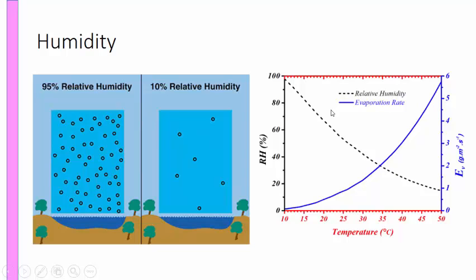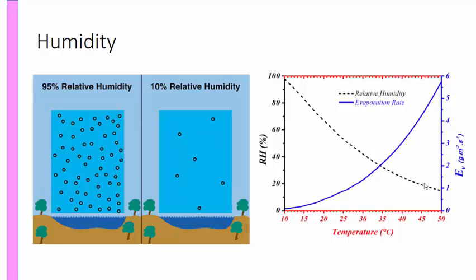Here's a different way to look at it. We have temperature on the x-axis and relative humidity in percent on the y-axis over here. And on the right side, we have evaporation rate on the other side of the y-axis. So as you can see, as temperature increases, our relative humidity decreases.